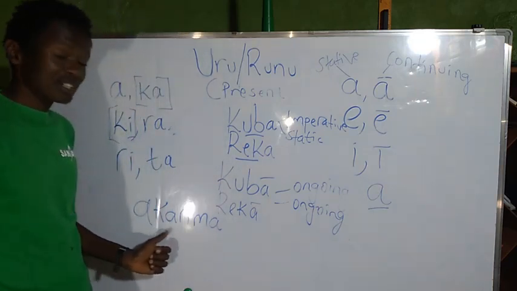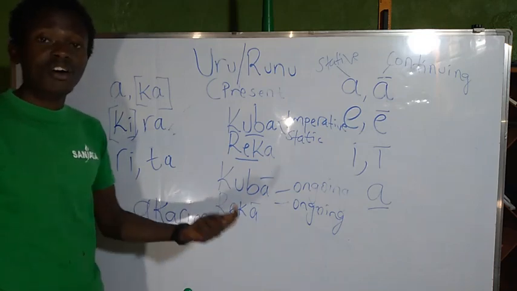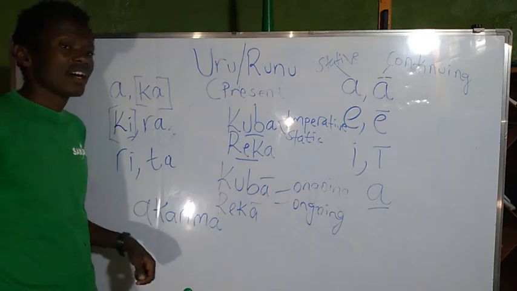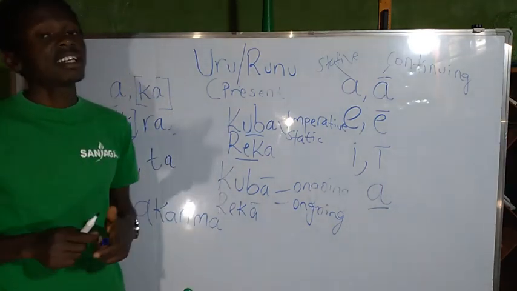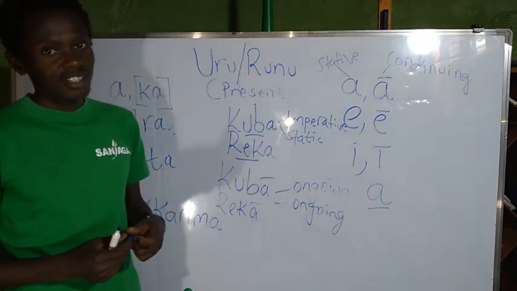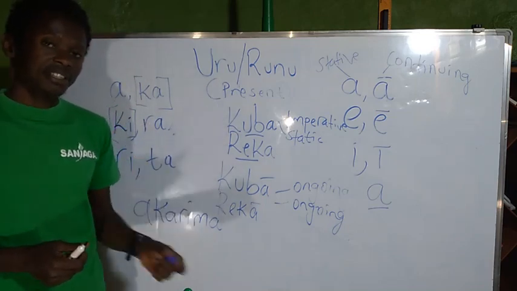Akarima, the person digging. Akazeza, the person going, and all that. So the ka here will mainly be used in such a word in a sentence that intrigues to know if the activity is happening in the present time.